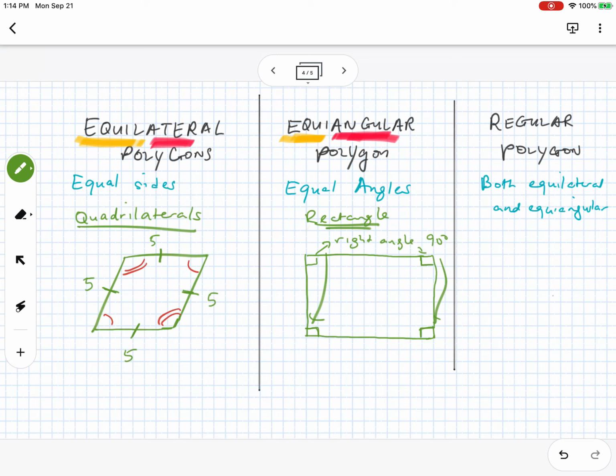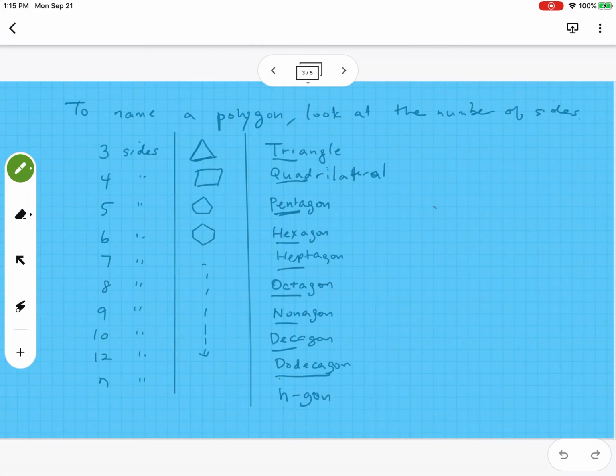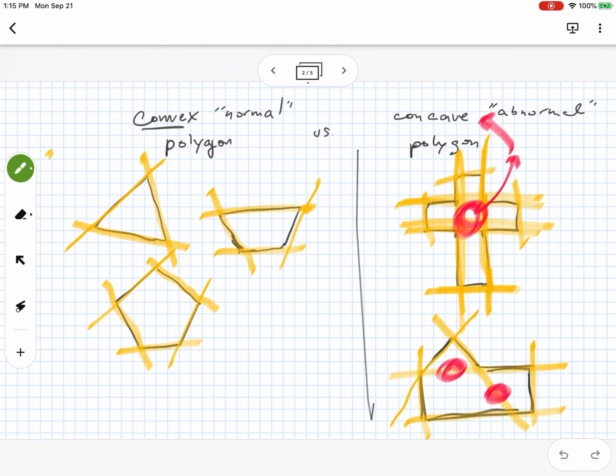And then finally, for regular, when we put all these guys together, right, we end up having a really nice shape. So for example, this is called a square. And a square has equal sides and it has equal angles. Okay, and so that is pretty much it for section 1.